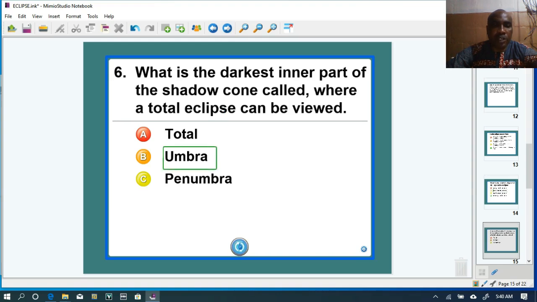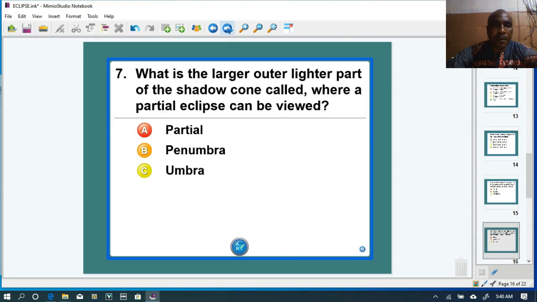The correct option is option B. It is called umbra. Question number 7. What is the larger outer lighter part of the shadow cone called, where a partial eclipse can be viewed? The correct option is option B. The penumbra.